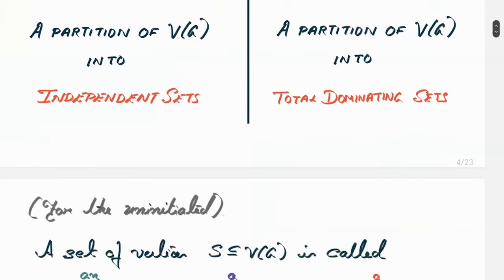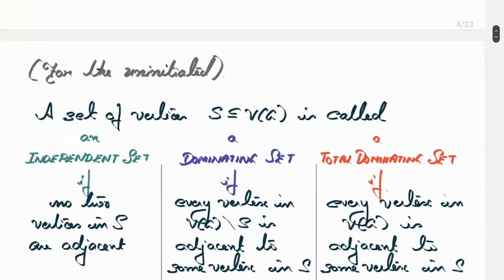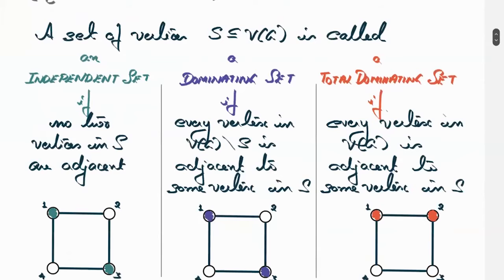Now, this slide is probably overkill for this workshop, but let me just remind you of the definitions. An independent set is a set in which no two vertices are adjacent. A set S is called dominating if every vertex outside of that set is adjacent to some vertex within the set.